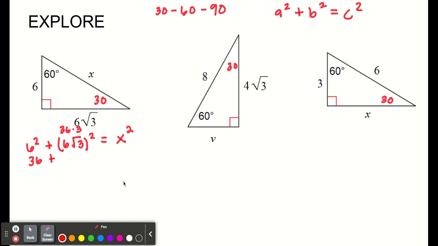And 36 times 3 is going to give us 108. 36 plus 108 gives us 144. And then lastly, to get x by itself, we're going to square root both sides. And x is equal to the square root of 144, which is 12.